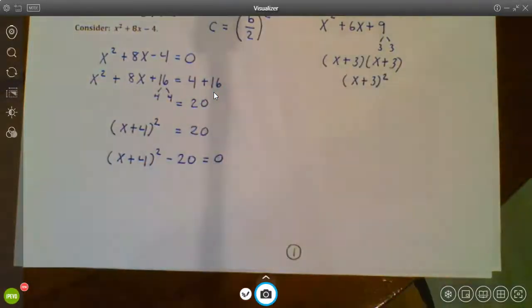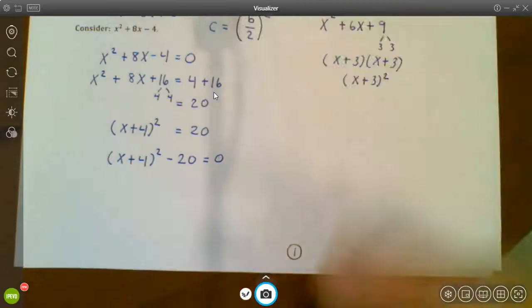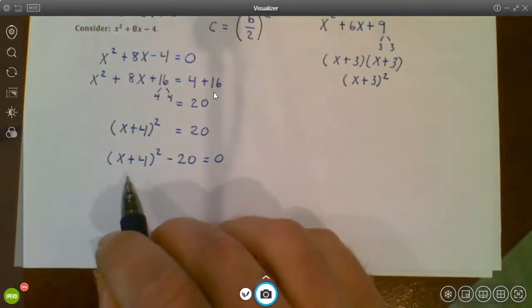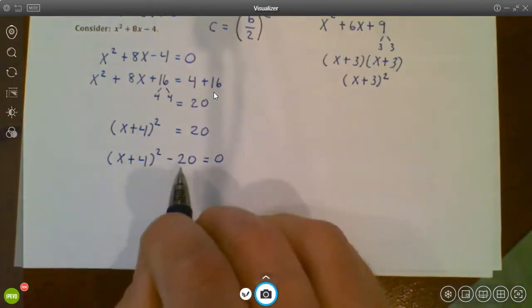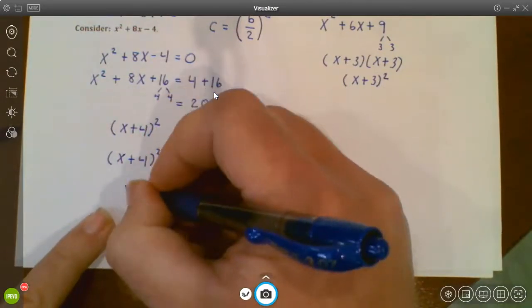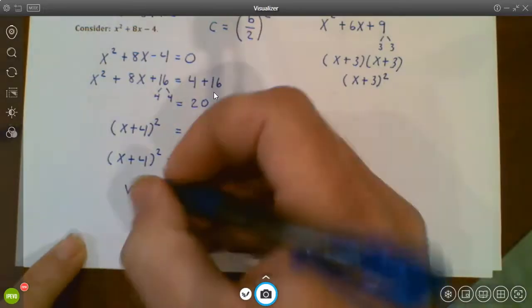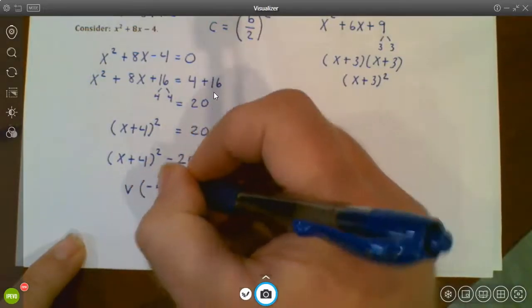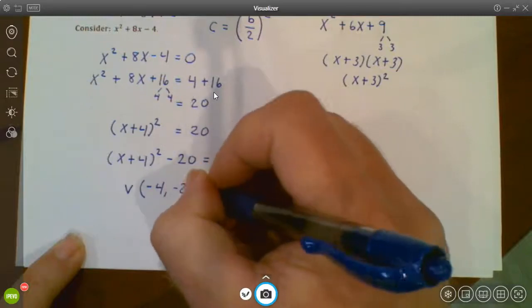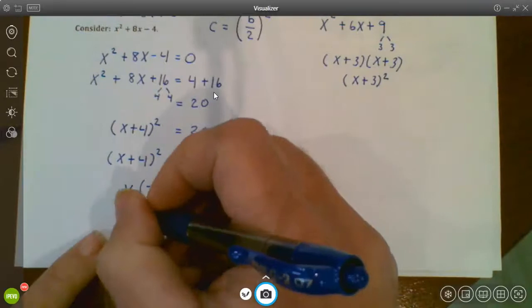And now that I have all my information on one side, I can identify all the important characteristics that we talked about in our first lesson. I can look at this and say, here's my h, here's my k. So if I wanted to identify the vertex, I can see that my vertex would be -4, -20. I could see that my axis of symmetry runs through x equaling -4.